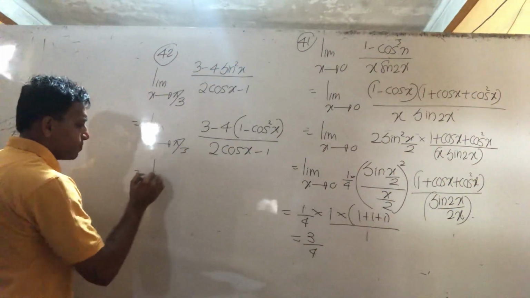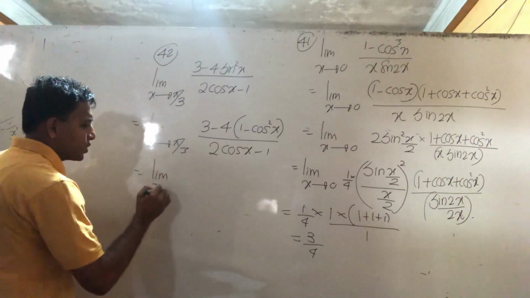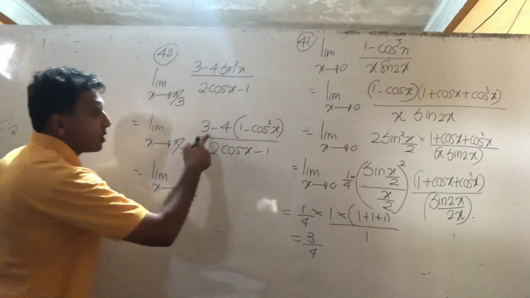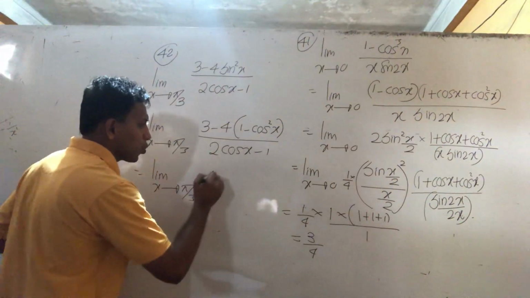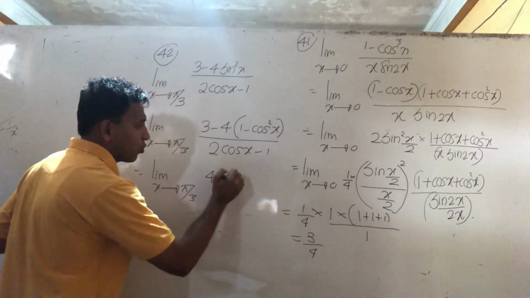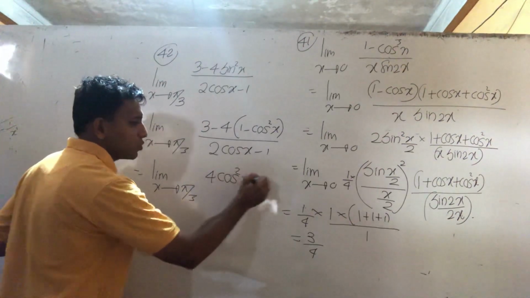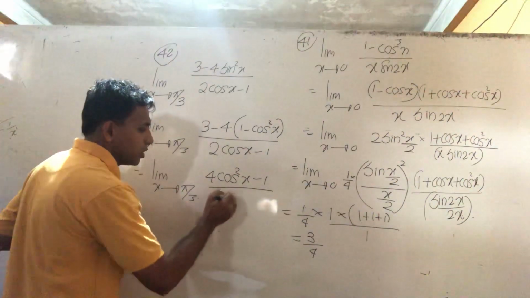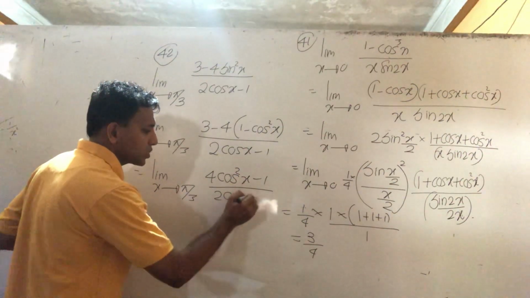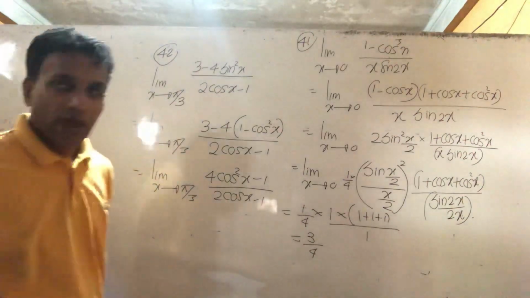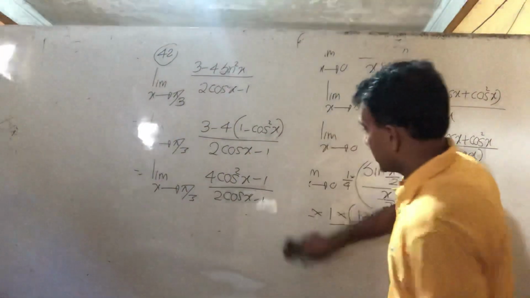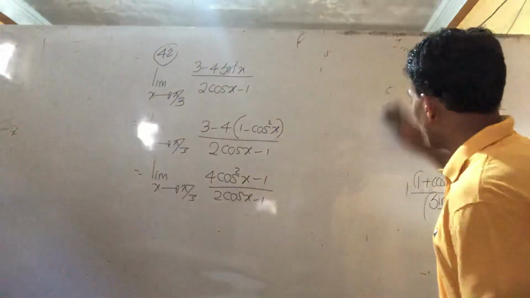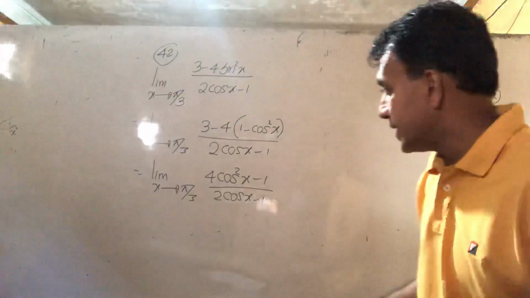Now see what happened. Limit x tends to pi by 3. What happened here? 4 cos square x minus 1. Check, is it 4 cos square x minus 1 over 2 cos x minus 1? Now you can factorize the numerator, a square minus b square pattern. So it becomes easier now.